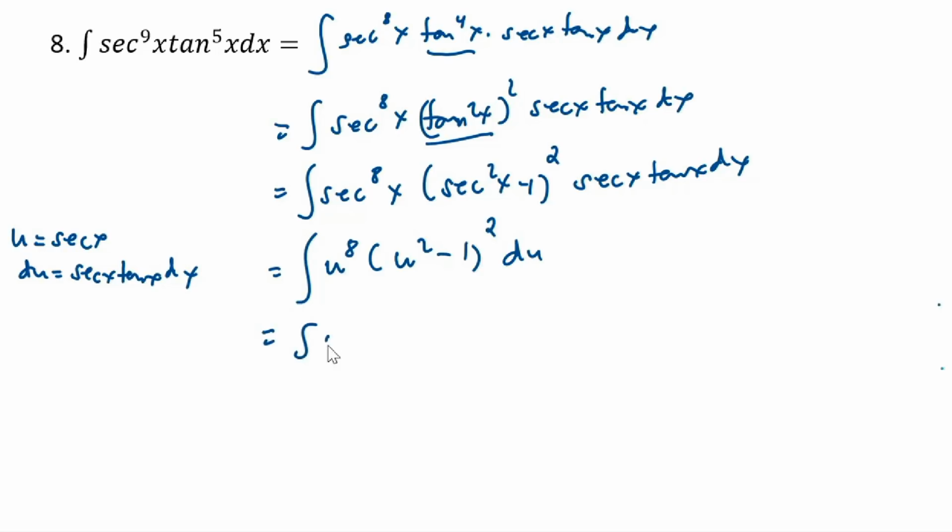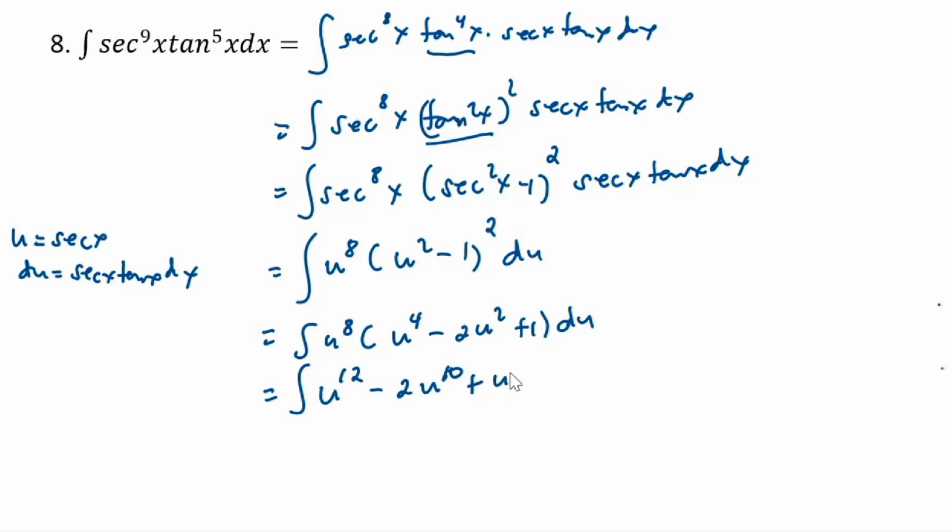Next, we're going to expand the square binomial. So we can write u raised to 8 times u raised to 4 minus 2u squared plus 1, then du. Then using the distributive property, we can write the product as u to the power of 12 minus 2u to the power of 10 plus u to the power of 8 du.